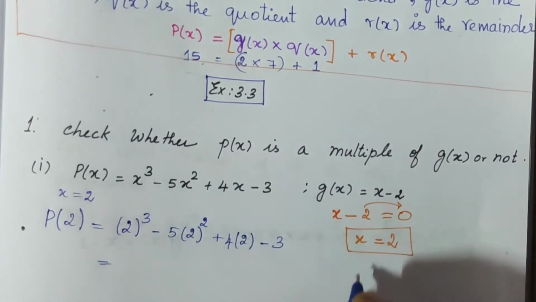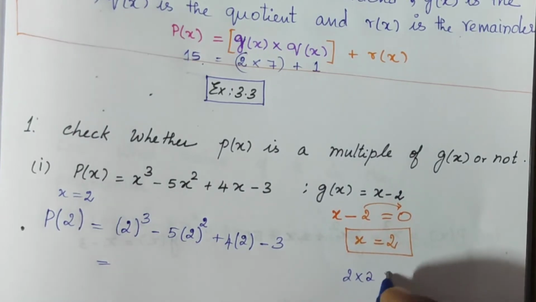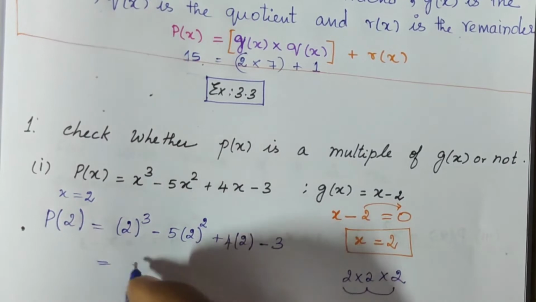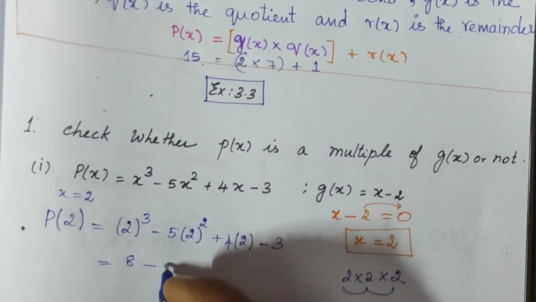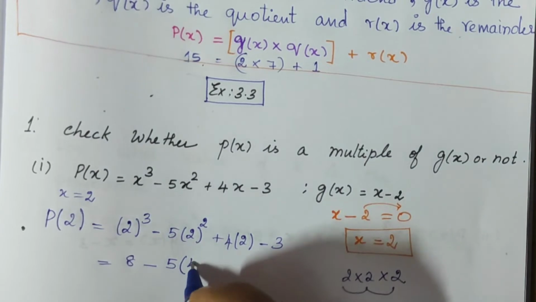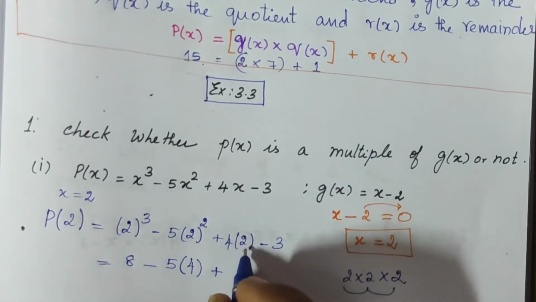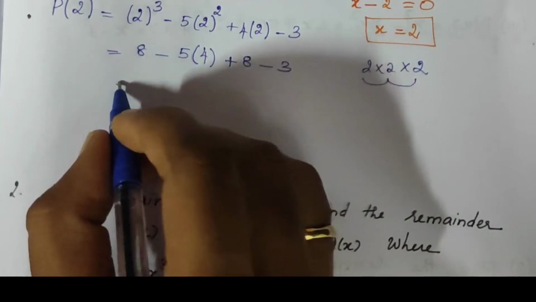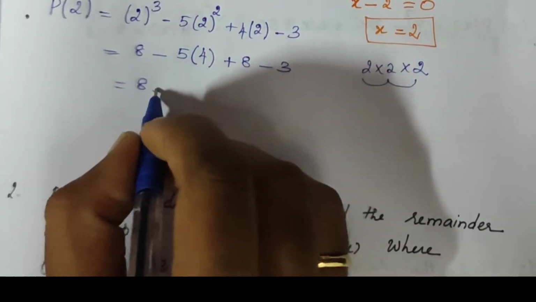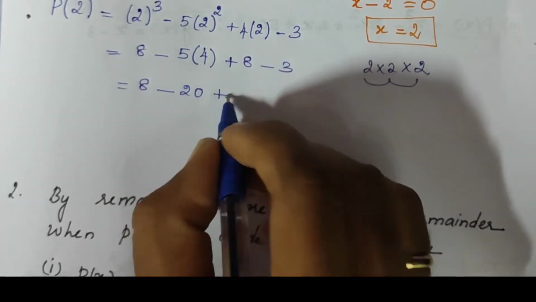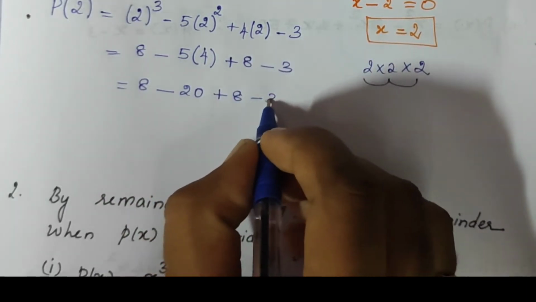So 2 cube is nothing but 2 into 2 into 2. So 2 2s are 4, 4 2s are 8, minus 5 into 2 square is 4, plus 4 into 2 is 8, minus 3. Okay, so 8 minus 5 4s are 20 plus 8 minus 3.